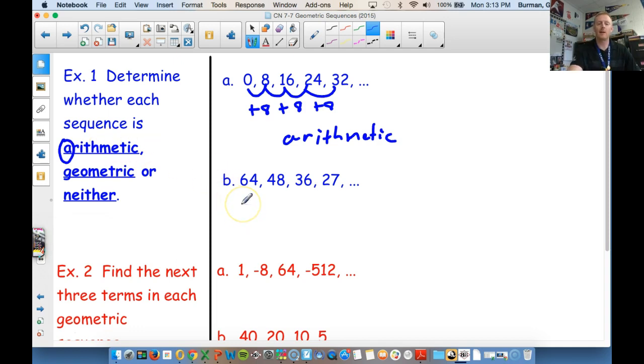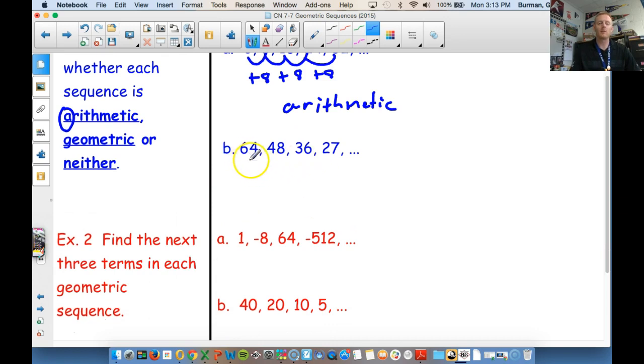Now in example B, you'll notice that we're not adding or subtracting the same thing every time. So let's use the words we talked about before, where r is a common ratio. If we look at 48 to 64 as a ratio, 48 over 64, I'm going to type that into my calculator, and it simplifies to 3/4.